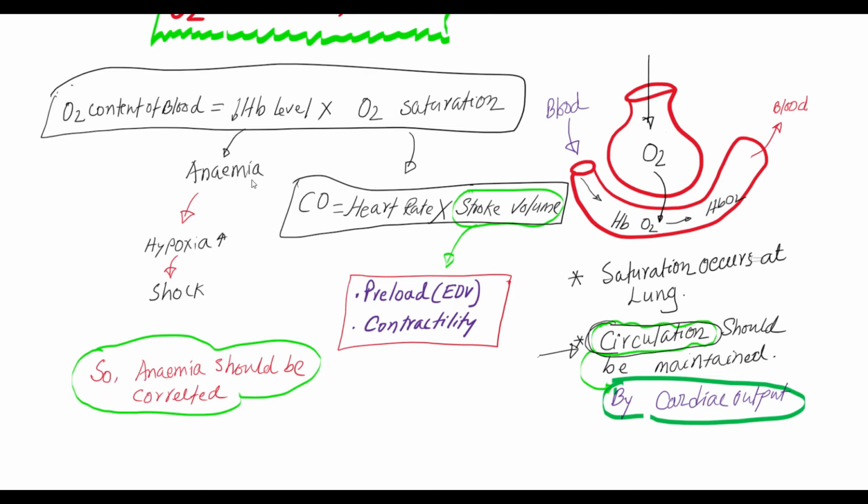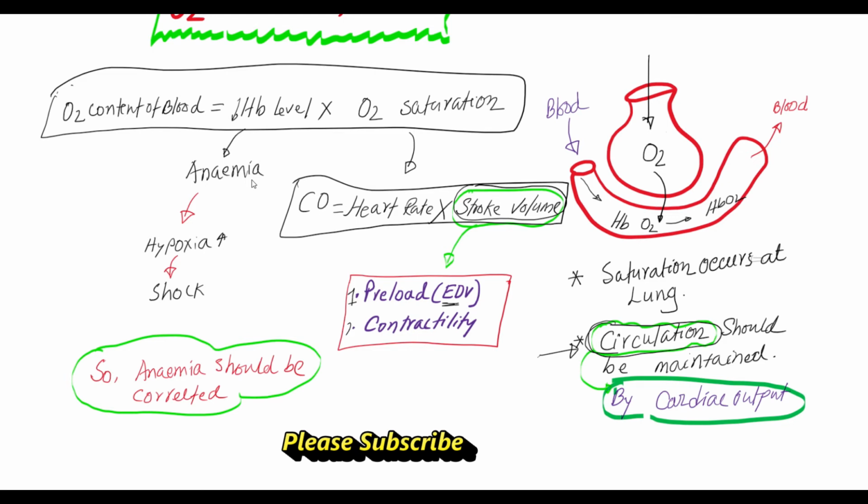Okay. Now what is stroke volume? The stroke volume depends on the preload, that is the load on the ventricle before the ventricular systole. That means load at the end of the diastole, so it is called end diastolic volume, the number one parameter on which the stroke volume depends, the preload.